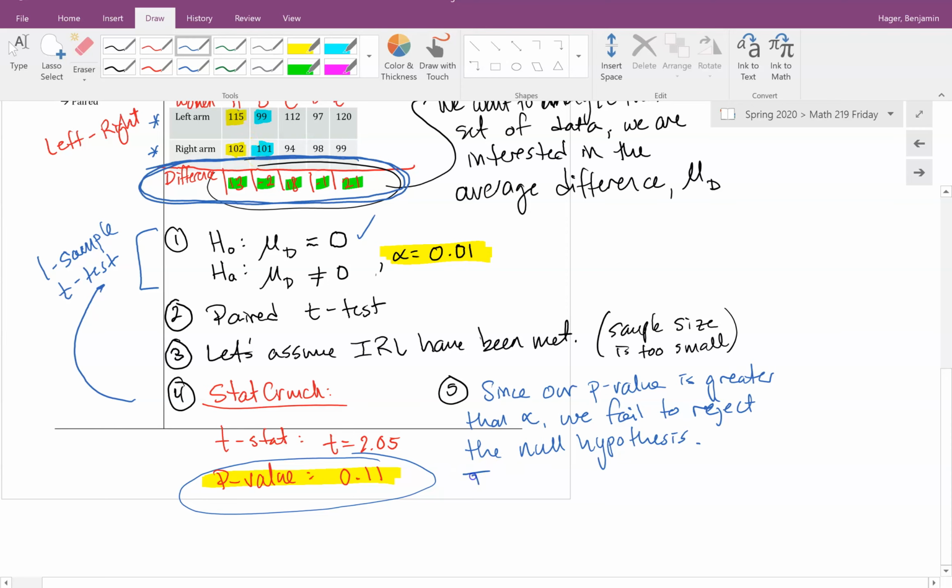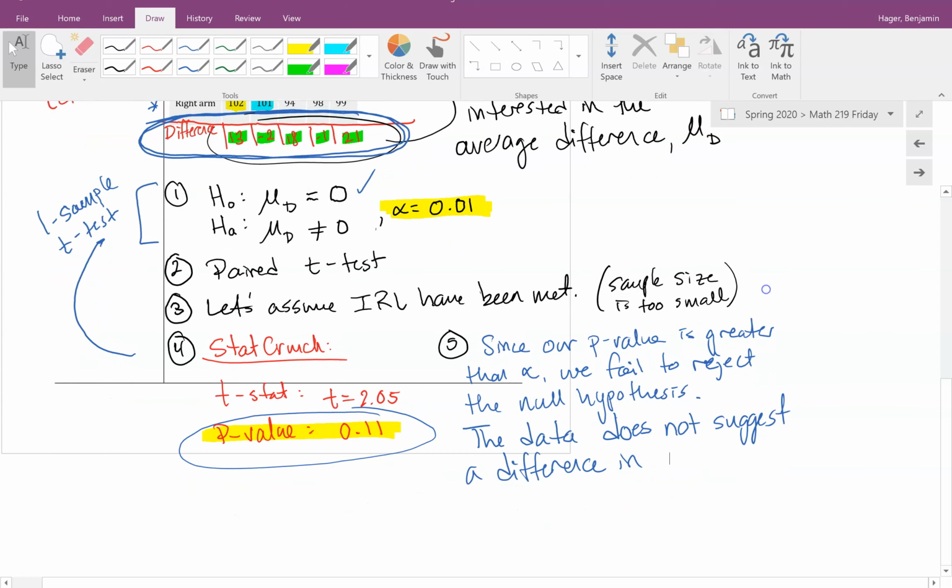And so let me add that: the data does not suggest a difference in blood pressure values or measurements between left and right arms.